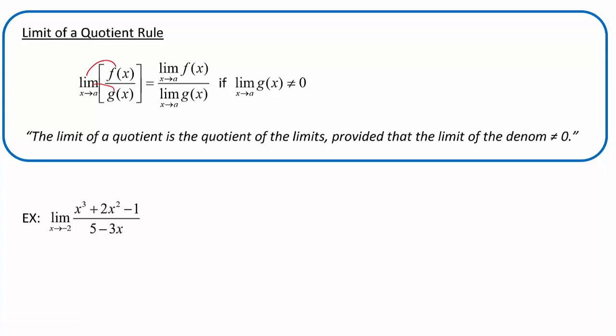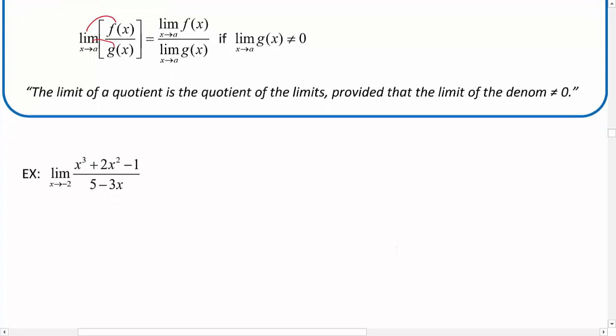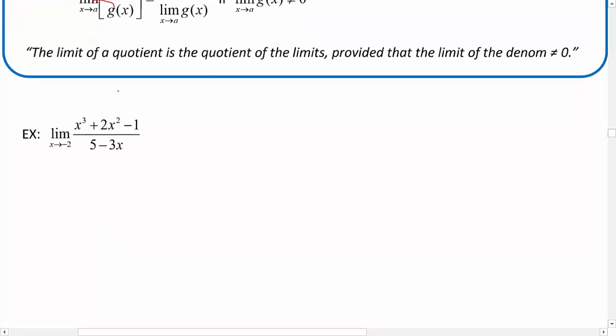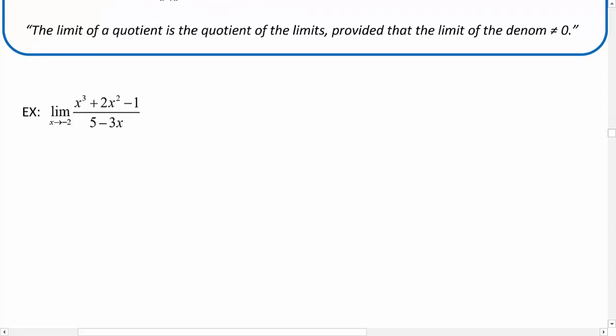Now, since we're dividing, we always have to be concerned about dividing by 0. So we need to make sure that the limit as x approaches a of our denominator function, g of x in this case, is not equal to 0. So we can say that the limit of a quotient is the quotient of the limits provided that the denominator's limit is not equal to 0.